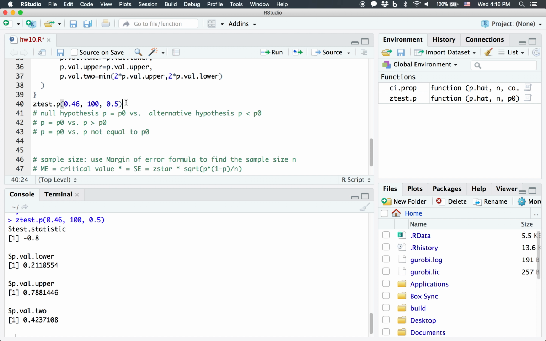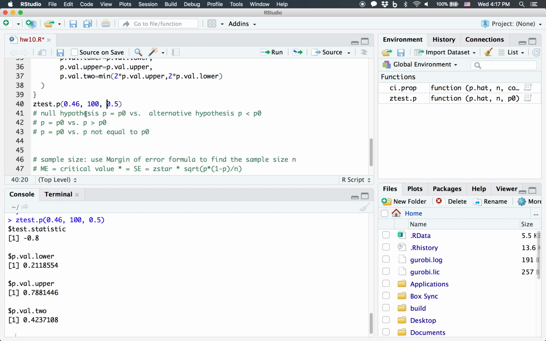The null hypothesis is that the population proportion is equal to the hypothesized population proportion, which here is 0.05, and the alternative is that the population proportion is less than the hypothesized population proportion, which is 0.05.